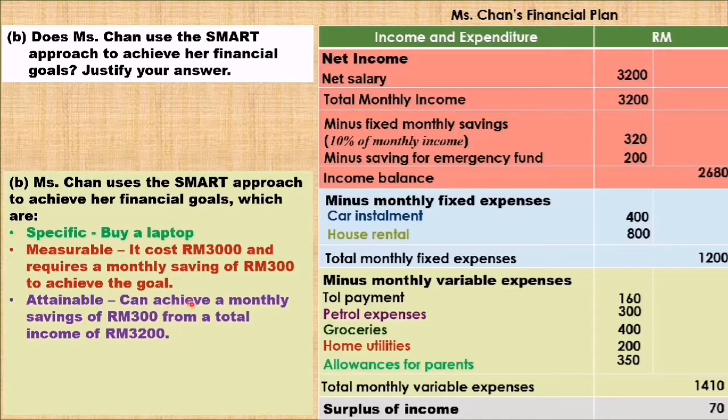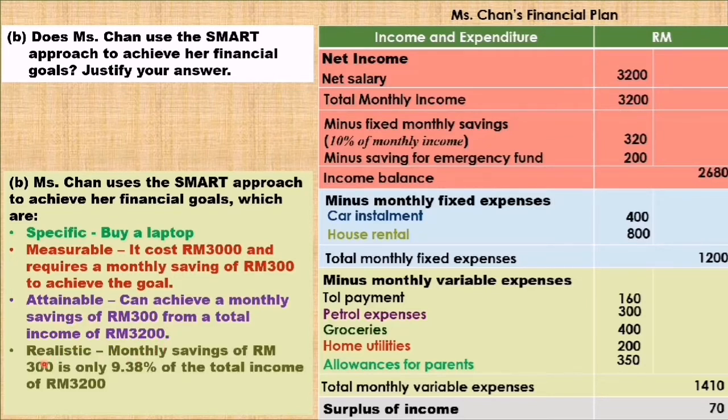Attainable, she can achieve a monthly saving of 300 from a total income of 3,200. Realistic, monthly savings of 300 is only 9.38% of the total income of 3,200. The last one, time bound, within 10 months. So Miss Tan used the SMART approach to achieve her financial goals.